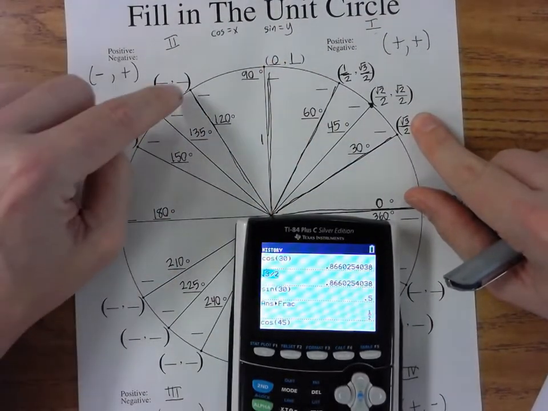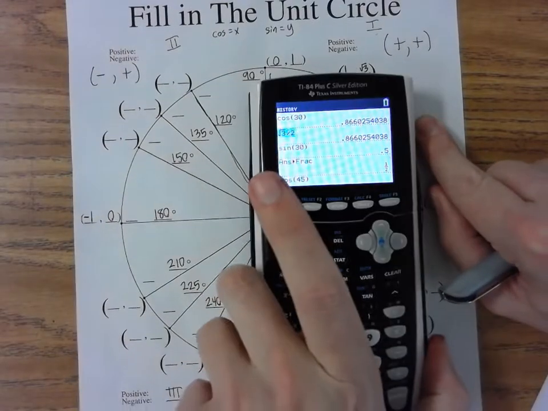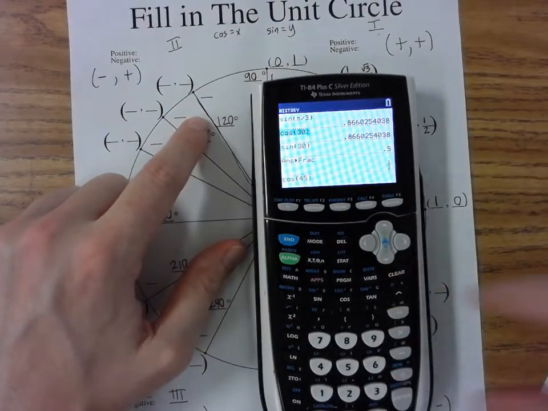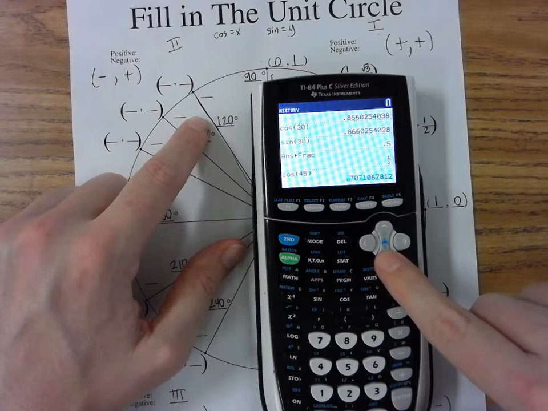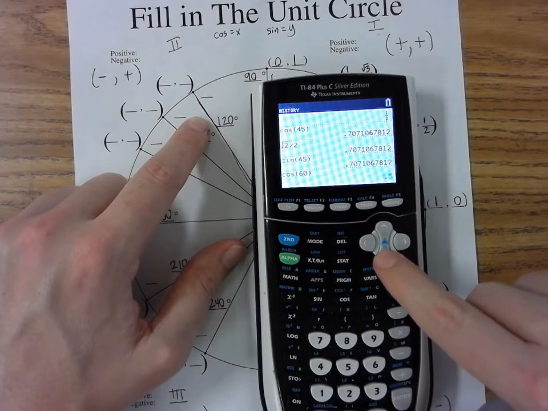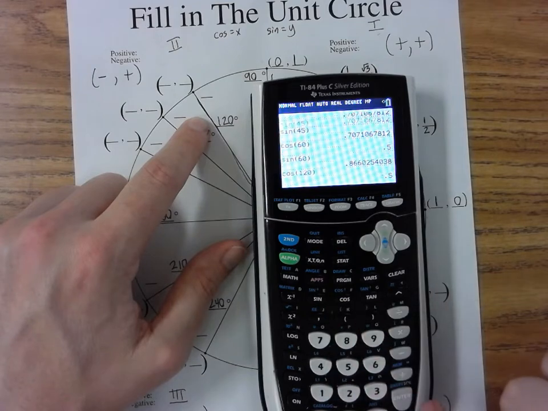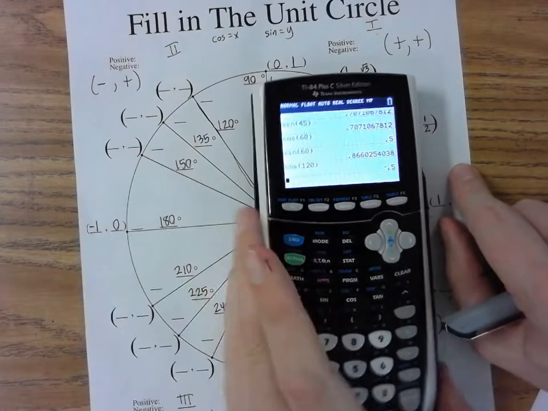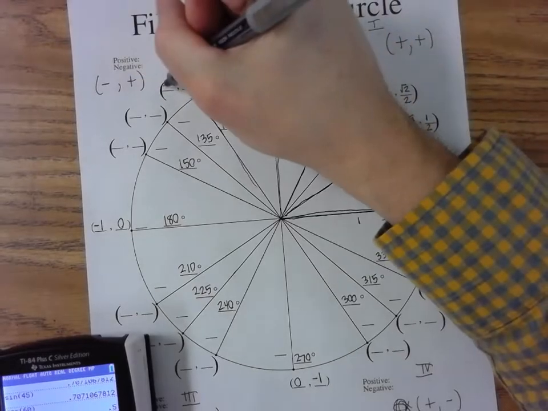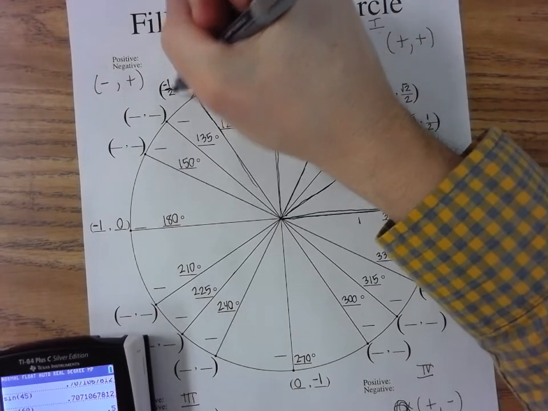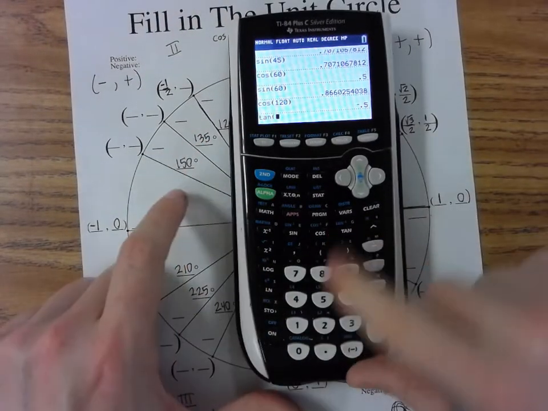So if I go over here, if I want to know the 120 degrees, again, I can do cosine of 120. And that is negative 0.5, so that's going to be negative 1/2. And I can do sine of 120.